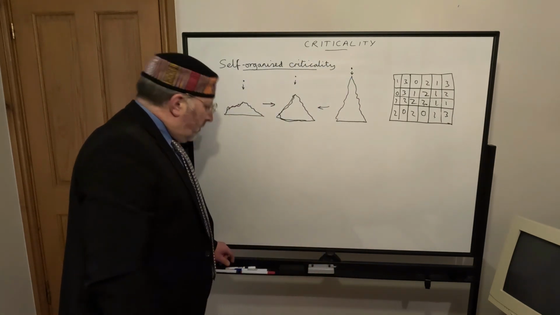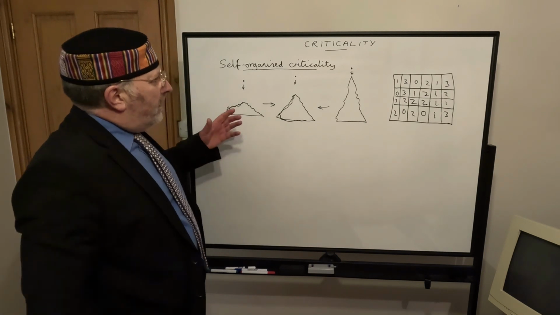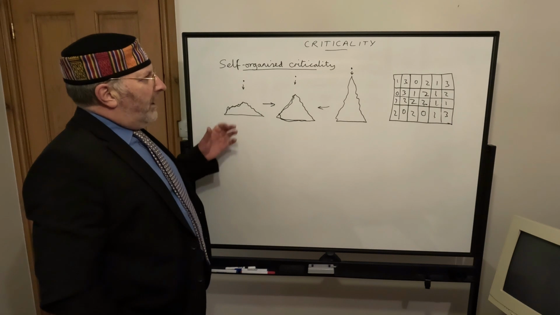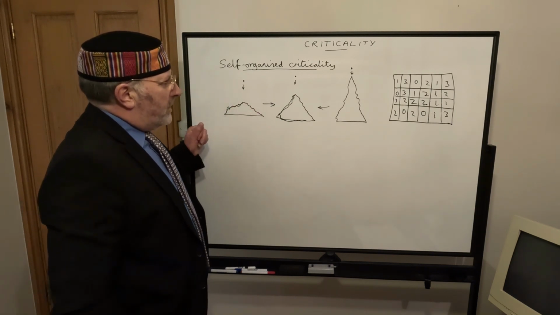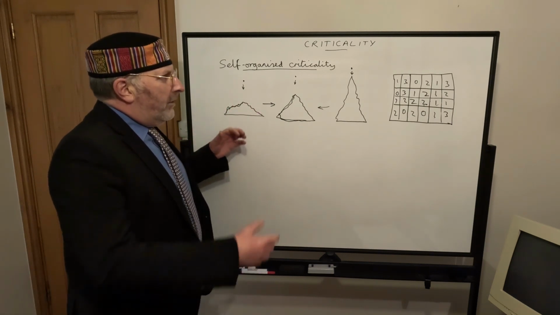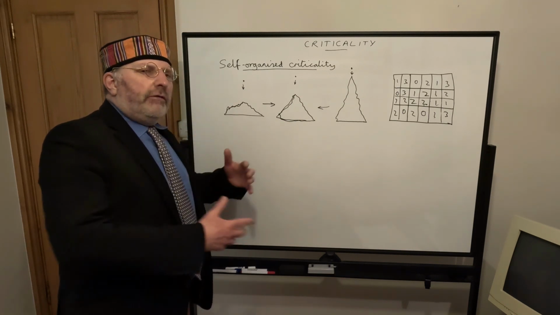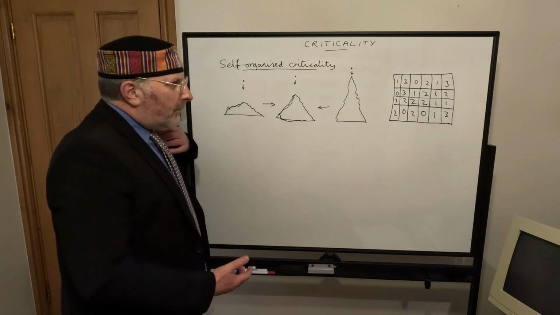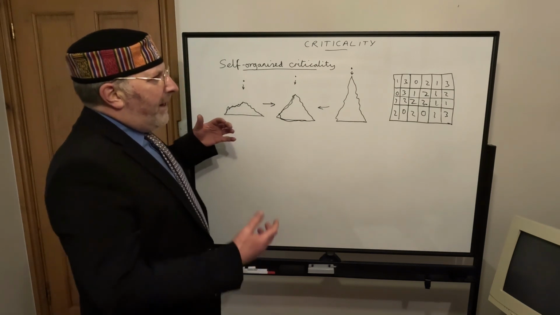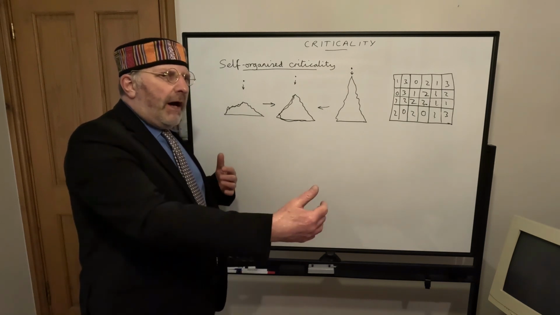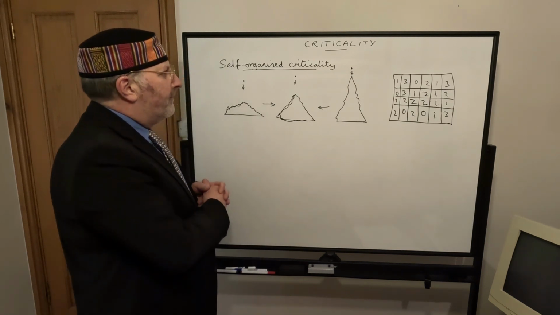And this phenomenon of self-organised criticality tends to emerge in situations where we've got something changing in the context of friction, or where there is some kind of driving force and then some kind of resistance to that driving force.